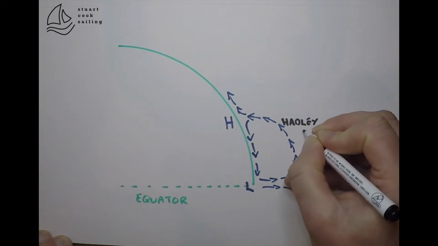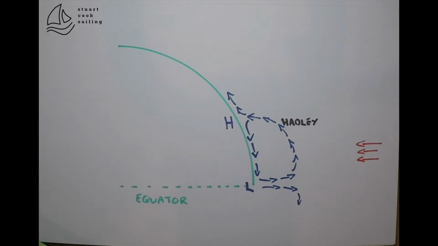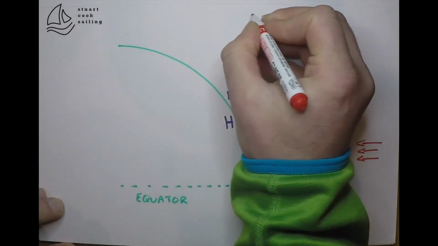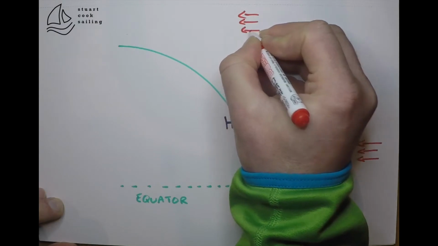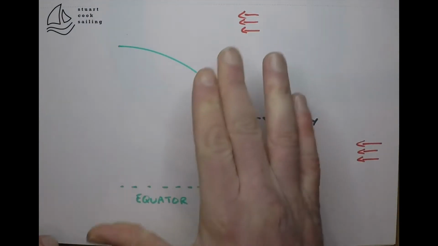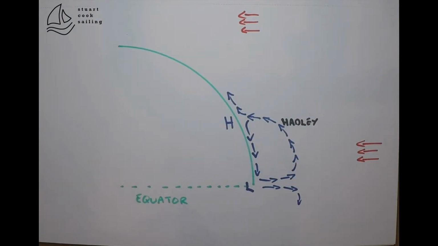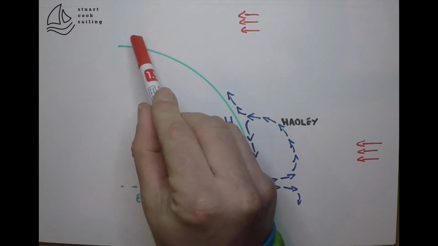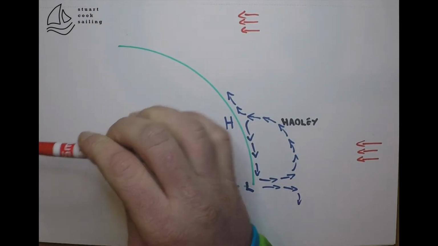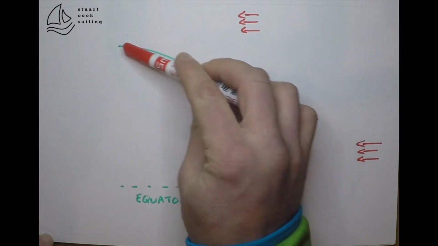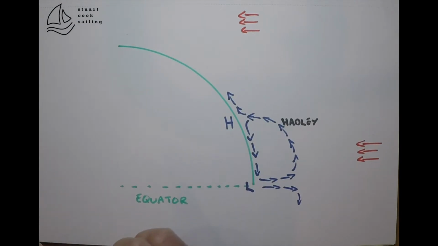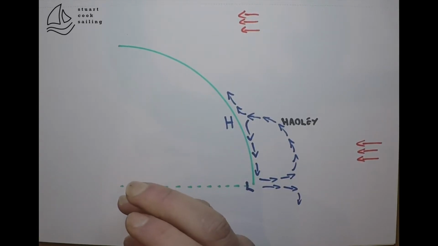However, further up at the poles, we've still got the sun's radiation rays coming in. However, the rays are trying to warm up a much larger surface area, and a lot of it is missed as it just passes straight through the atmosphere and doesn't actually touch the surface of the Earth, which means the Earth's surface at the poles stays cold.